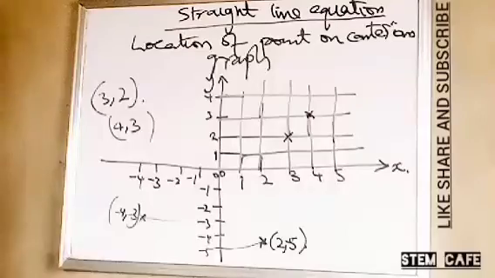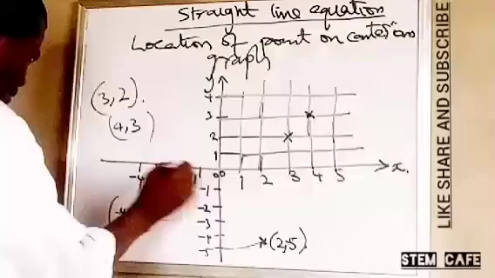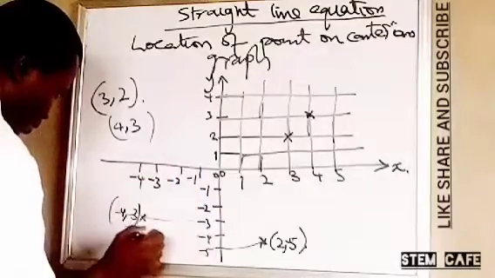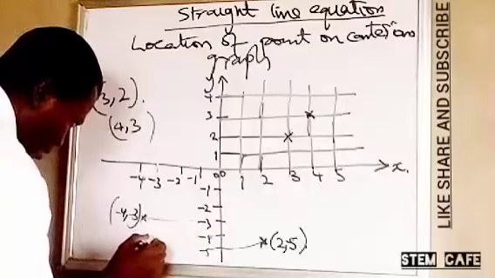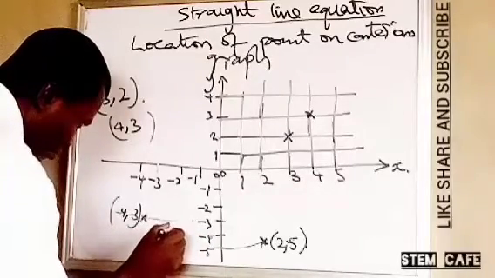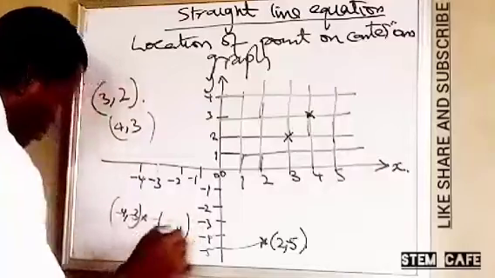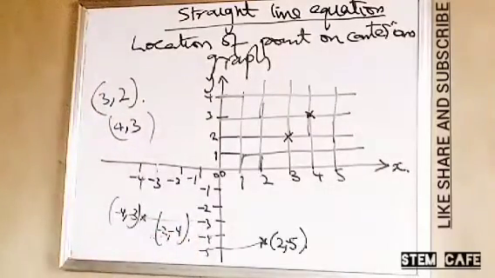If I want to do (-3, -4), I come like this. This is -3 and this is -4. So I have it like this: (-3, -4). With this, I believe you understand location of points on a Cartesian graph.